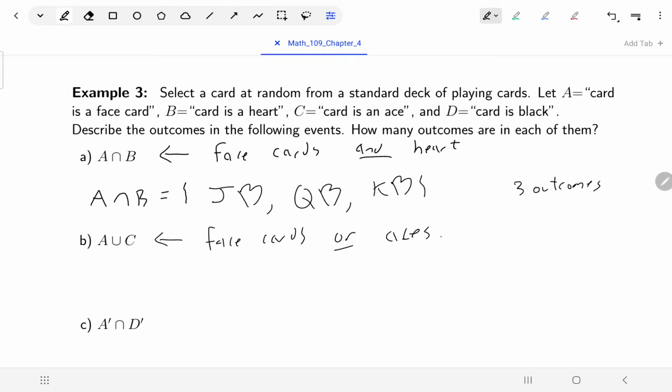I'm not going to list them all, but I'm definitely going to count them. There are jacks, kings, and queens, and there's 4 of each, so that's 12 face cards in the deck. And as far as the aces go, there's 4 of those. So 12 face cards plus 4 aces, there should be 16 outcomes.